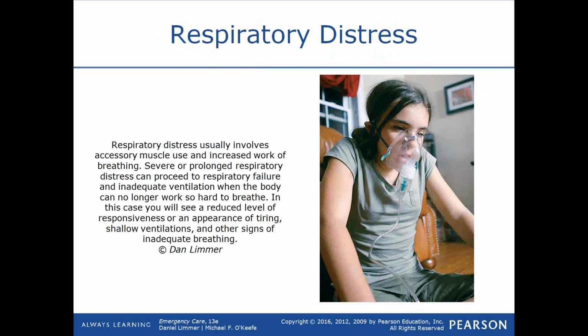Now, respiratory distress usually involves accessory muscle use, an increased work of breathing. Severe or prolonged respiratory distress, as we mentioned, can lead to respiratory failure and then respiratory arrest. Just remember that in a patient who's working hard to breathe, at some point, they'll quit breathing. I liken it to taking a 10-pound weight and lifting it, and lifting it.